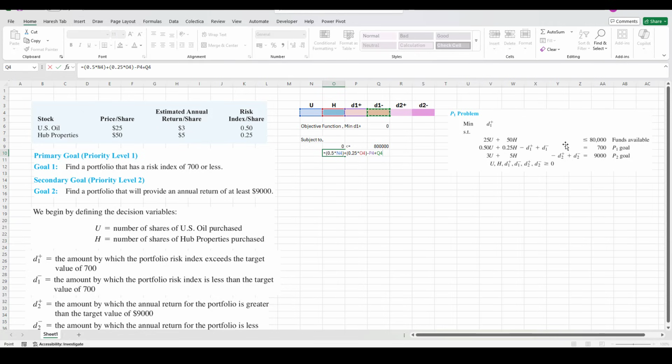So I have captured the right-hand side. Then I say enter, and the symbol here is equal to, and here I write 700.